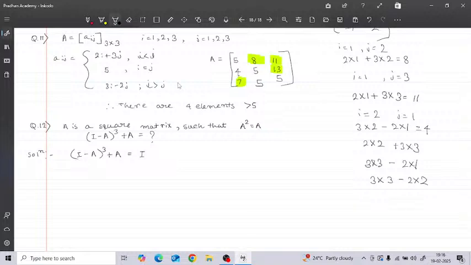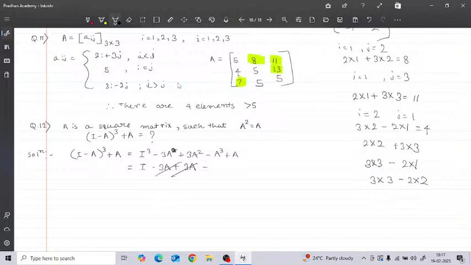I cube minus 3A plus 3A squared minus A cube plus A. Now, if we multiply the identity matrix with the identity matrix again and again, we will get the identity matrix. So that will be I. So minus 3A, and it is given that A squared is equal to A, so that's also A. These two will be cancelled out.